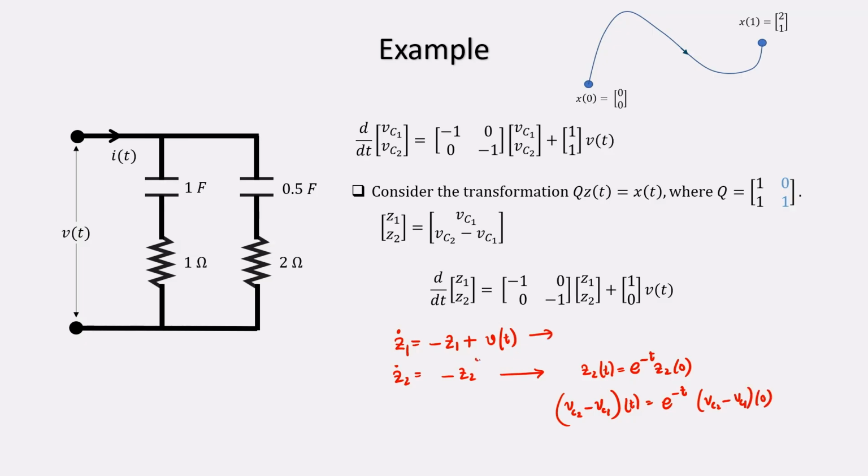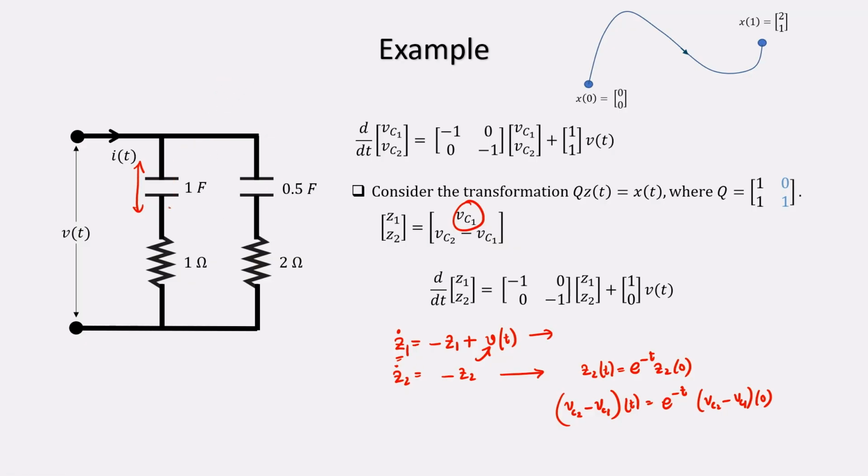From the first equation, using V, I can change Z1. Z1 was the voltage across the capacitor C1. So, physically it means that I can change the voltage across the capacitor C1 as I desire. Given any initial condition for Vc1, I would be able to go to any other value within a finite time.